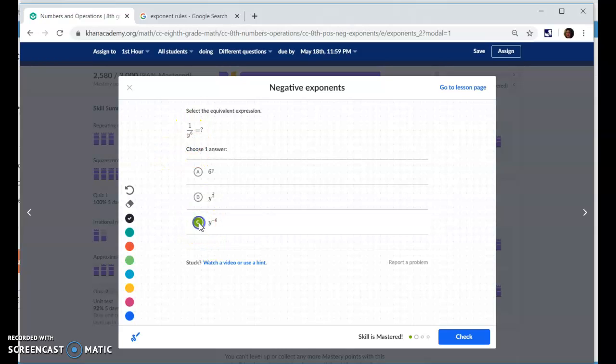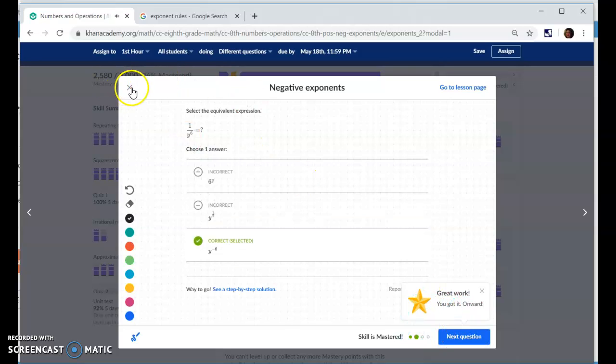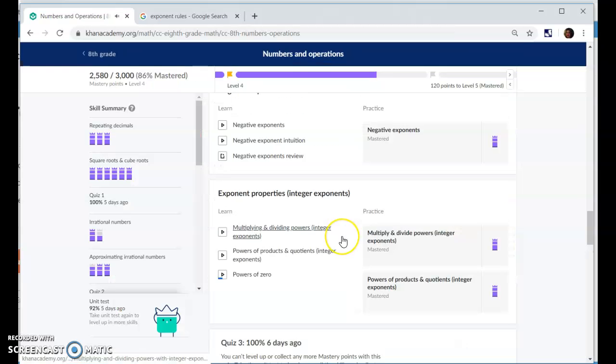Okay, this is the equivalent expression, y to the negative 6th power, because y to the negative 6th power is equal to 1 over y to the 6th power. So it starts as a negative, but then when we stick it in the basement, it's no longer negative. Okay, let's move on to the next one here.